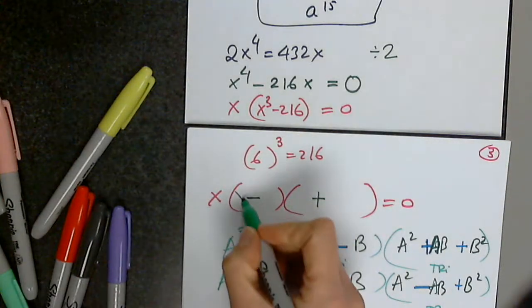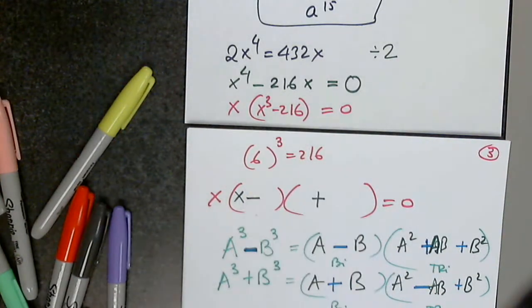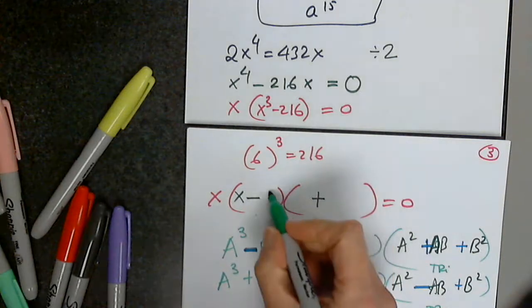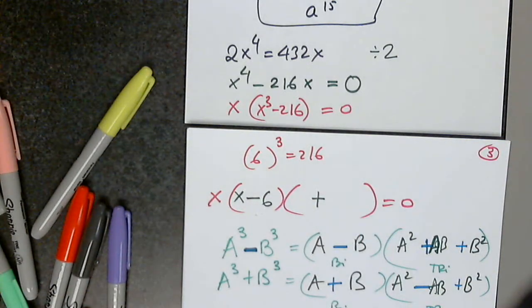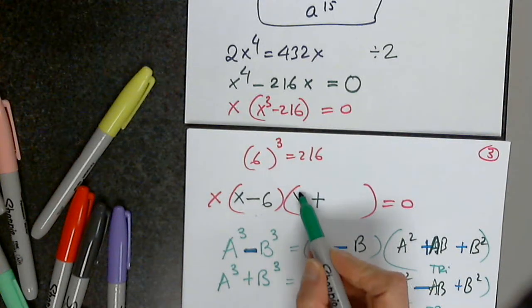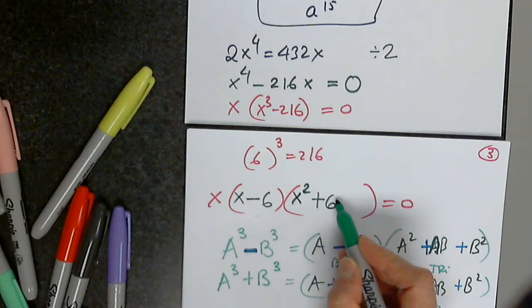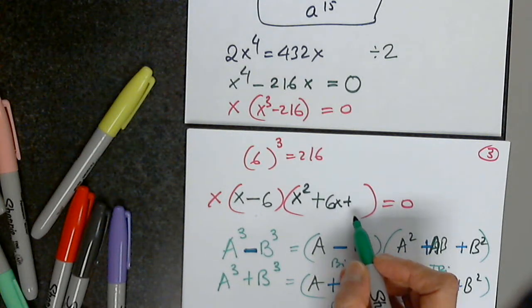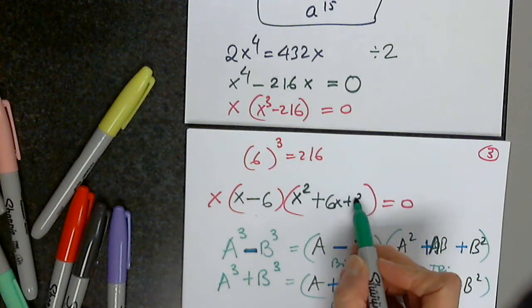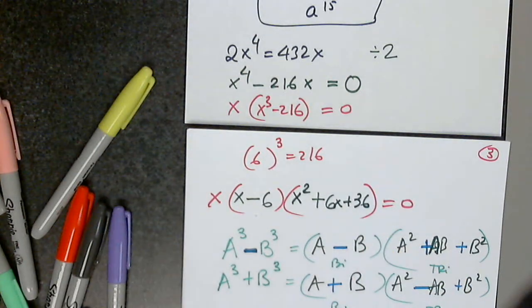Awesome. What do I cube to get 216? Awesome. And now carefully make up the trinomial, just following the pattern. x squared plus 6x. Awesome. Plus? 36. That's it.